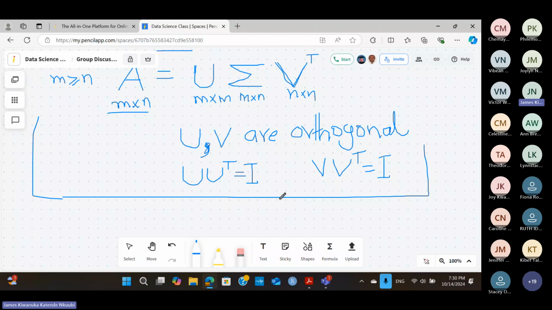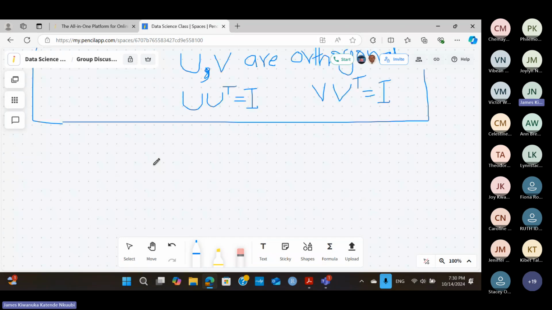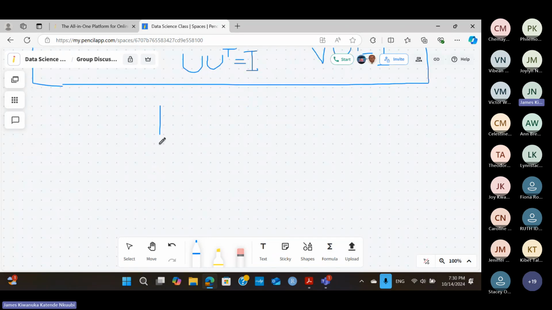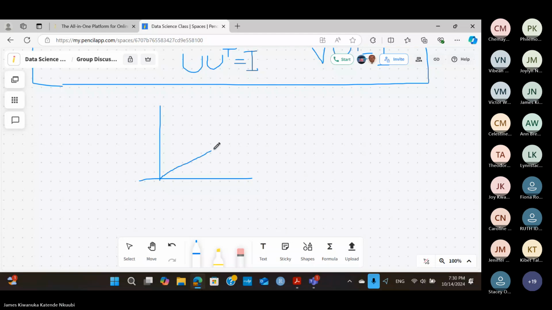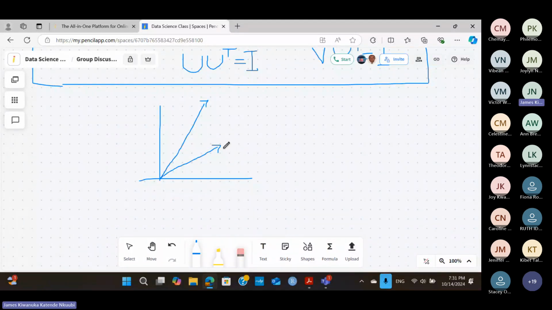So I'll give a small hint on why this is the case. Anytime you multiply a vector by a matrix, two things happen: you change the direction, and the length changes. If this was the vector V, then the image is blue.